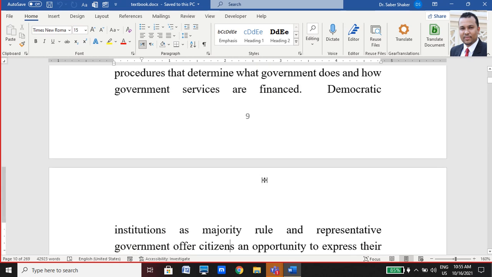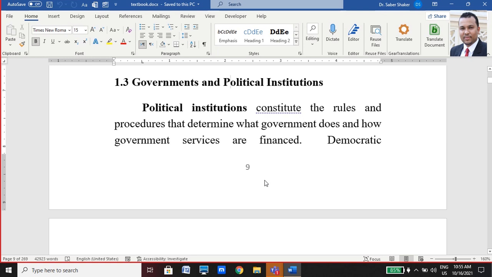The next point, political institutions. In this case, we link politics with economics. Political institutions constitute the rules and procedures to determine what government does and how government services are financed. So in democratic regimes or democratic systems in some nations, the economic decisions for any public spending are based on voting, when the voters support some parts to provide some activities.